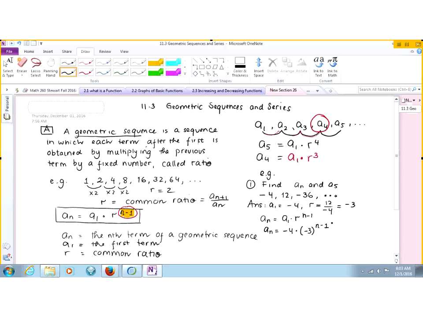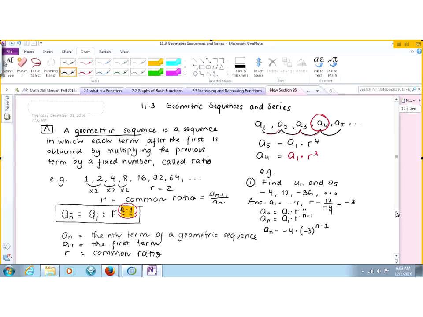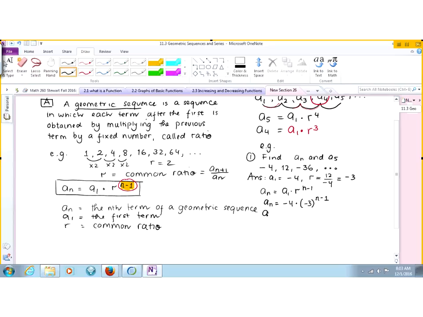Now, you could leave it like this, but I don't want you to get confused because in the answers you are going to simplify these a little bit. So a(n) is equal to -4 times -3 raised to the n times -3 raised to the -1.